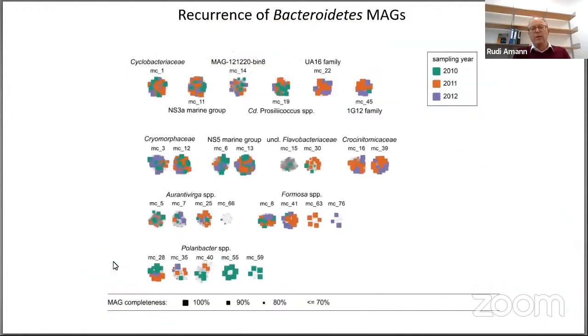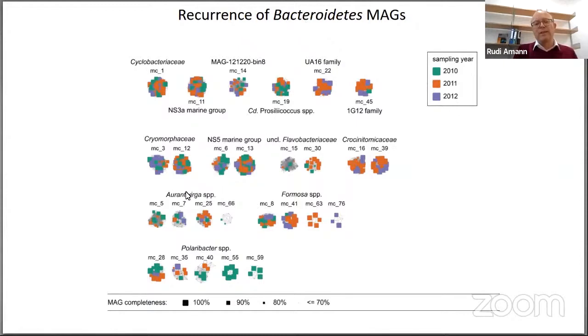Now, this is the image that we got from those 38 samples in 2010, 11, 12, color-coded. And these are the distances. What it tells you is there's a limited number of recurrent genera of Bacteroidetes, some of them with cultured representatives.